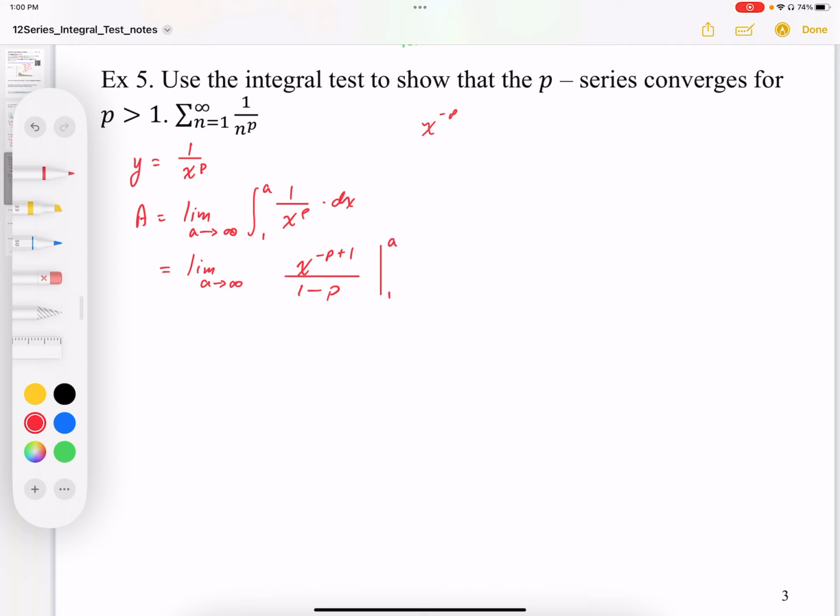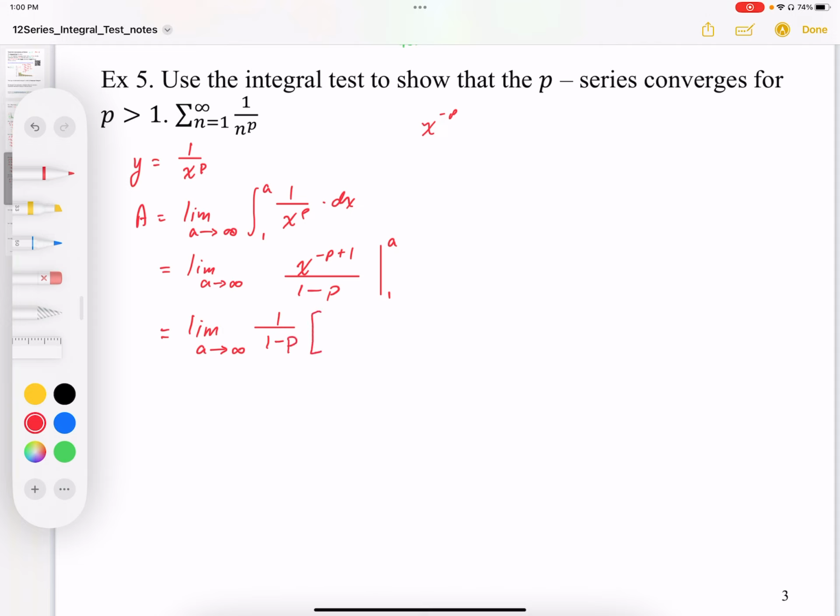Okay, so I'm going to input my bounds into this expression. So the limit as a approaches infinity, and I'm going to factor out that 1 over 1 minus p.